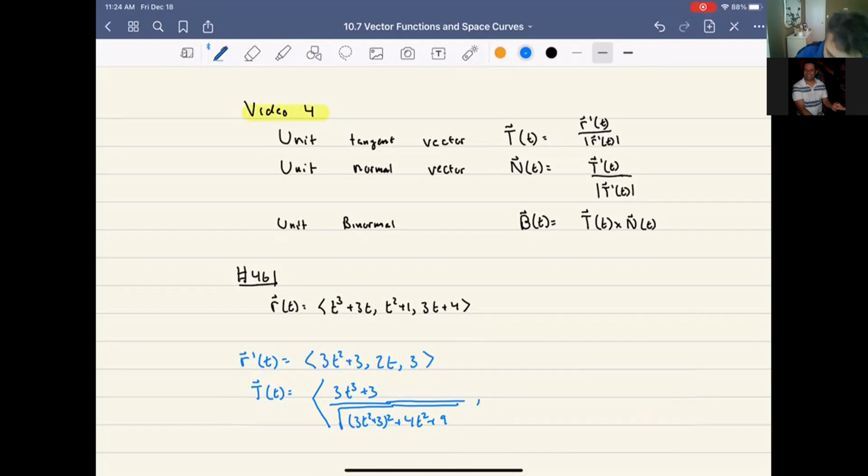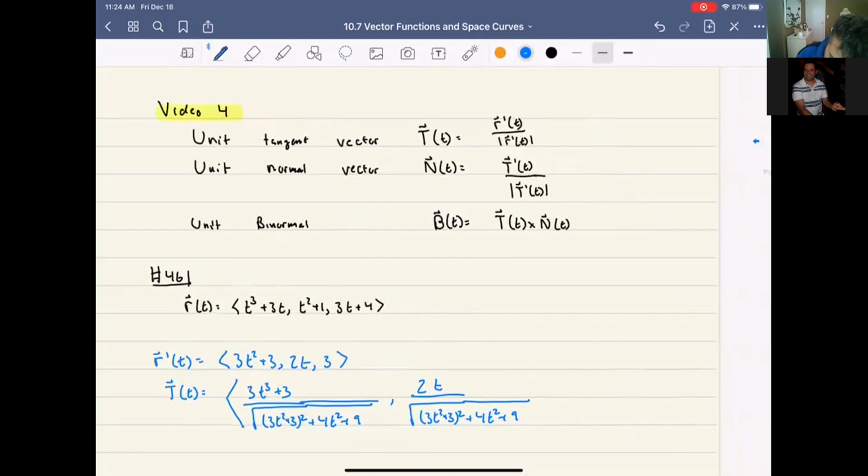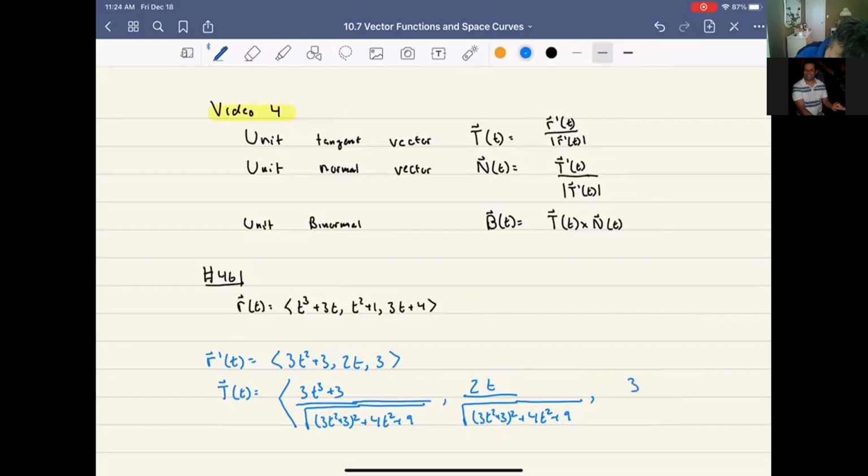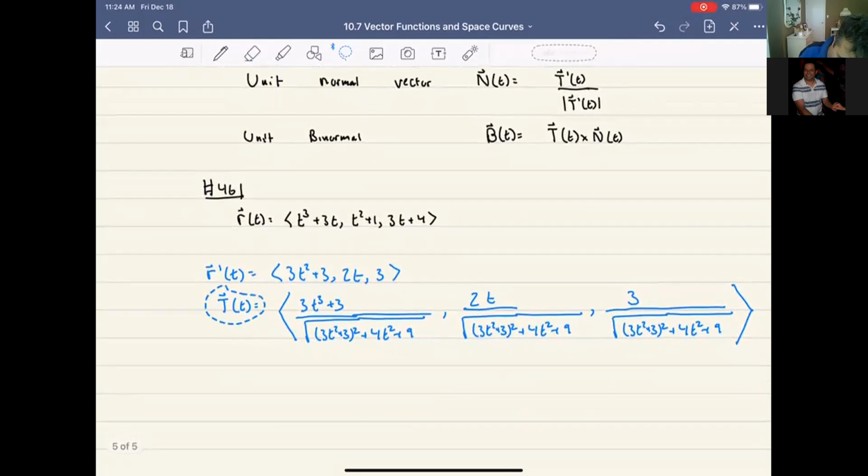The y coordinate is going to be 2t divided by that same nastiness. Okay, and the next term is going to be 3 divided by that same nastiness. Okay, oof. Oh my.